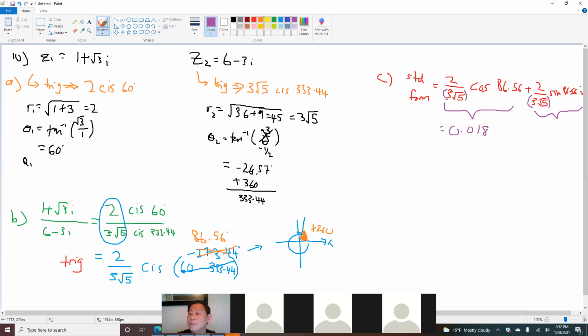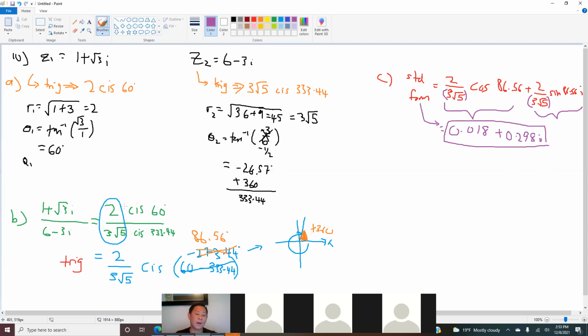Okay. And then you do the same thing on the other one, but you change it to sine. That came out to be 0.298. And don't forget the I. So this is what we call your standard form.